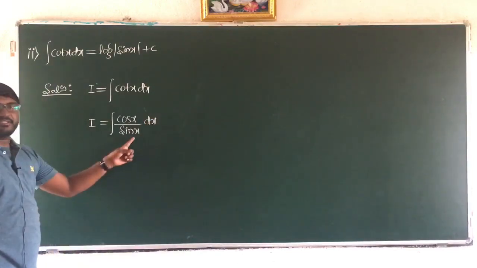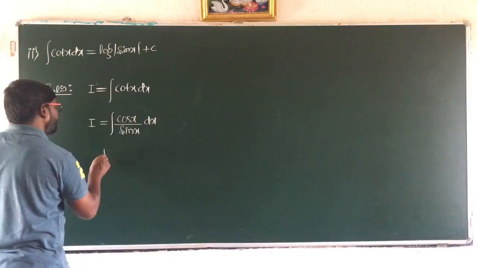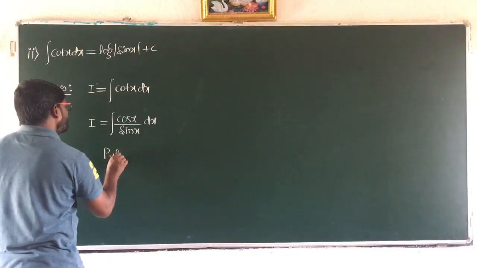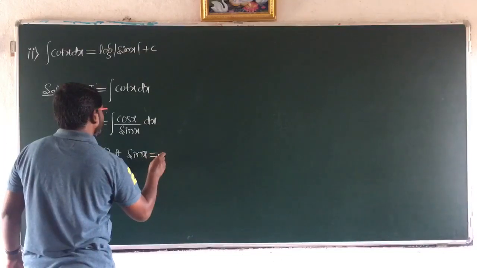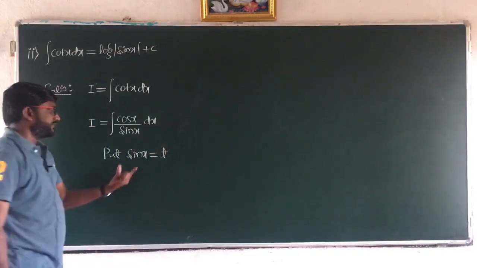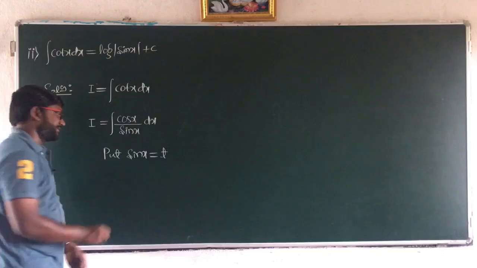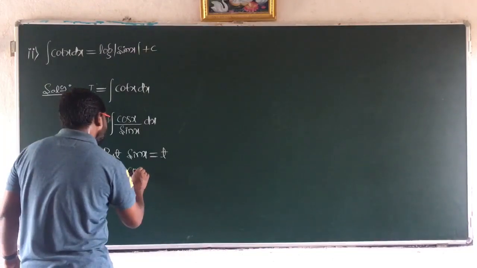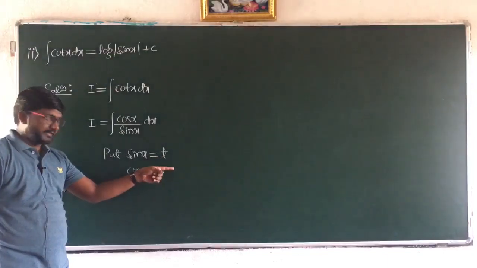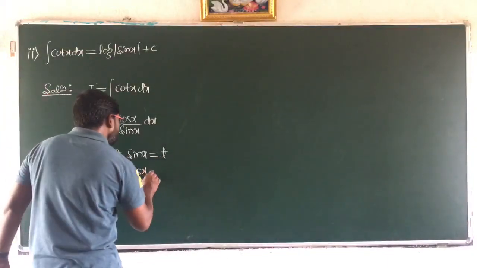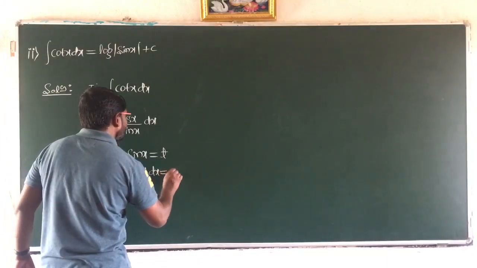Go for the substitution now. Put the denominator equal to t. So put sin x equal to t. Differentiate both sides with respect to x. We get cos x equal to dt by dx. I take dx to the LHS. So cos x dx is equal to dt.